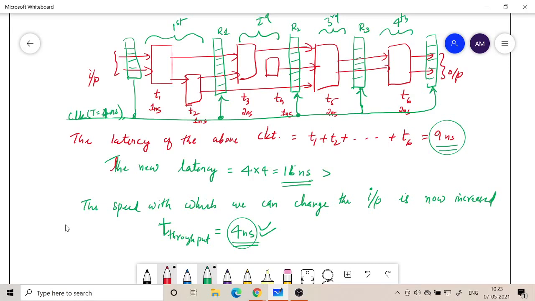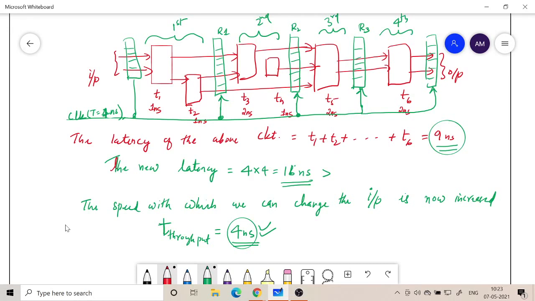So 4 inputs will be given by the time the output corresponding to the first input comes. Already the fourth input is given, but that is not possible in the first scenario. In the first scenario we need to wait for 9 nanoseconds, only after that can we give the next input, and then we have to wait for another 9 nanoseconds to give the second input, because all the delays add up.